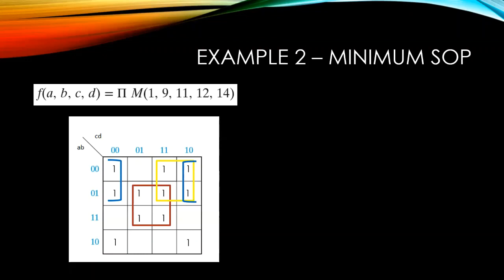And I have 2 ones here, and also we have 1, 1 here. So don't forget, 4 corners can be grouped as 4. So we have another group of 4. And to have all groupings for our minterms? Yes. So we are done with the grouping.